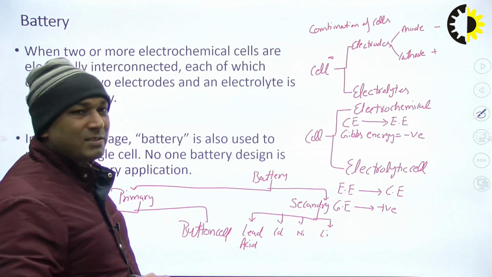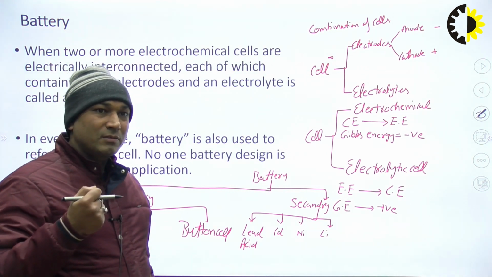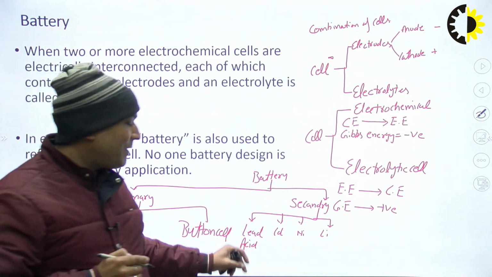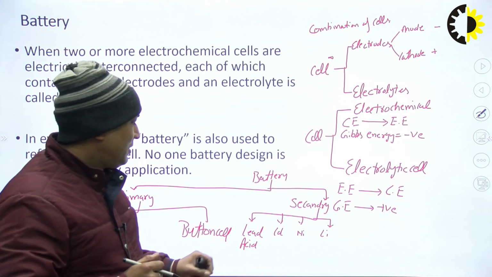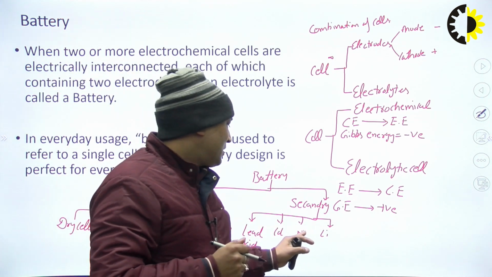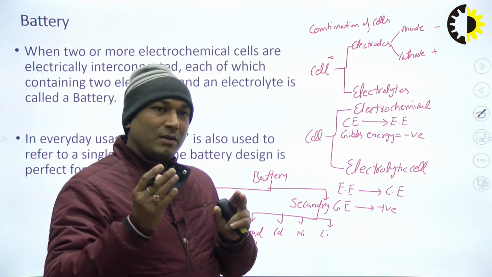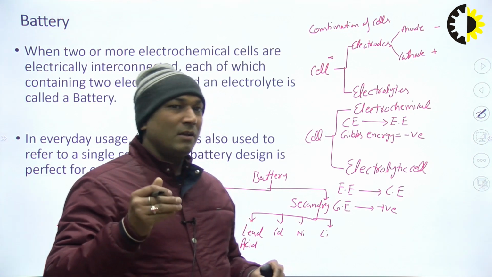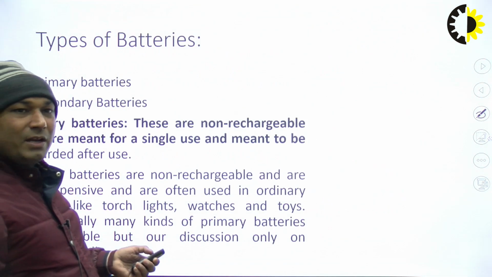The button cell is used in microphones or headphones, earphones. Lead acid battery is used in inverter batteries. Cadmium batteries and nickel batteries are used in specific gadgets, and lithium ion batteries are used in mobile phones. So we'll move to the next slide.